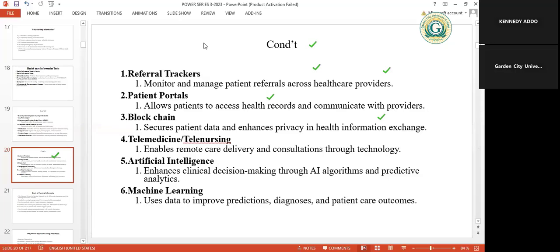Then artificial intelligence. We all know the significant evolution and impact artificial intelligence is having, especially in the healthcare space. We can talk about different areas of artificial intelligence, such as deep learning algorithms and natural language processing.